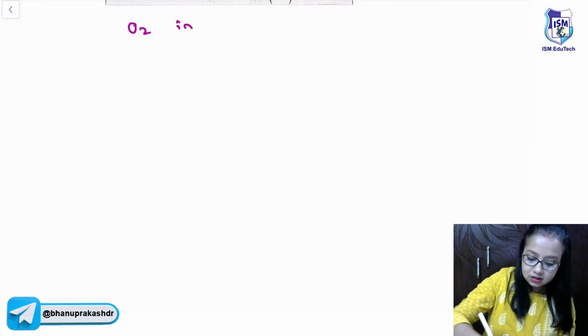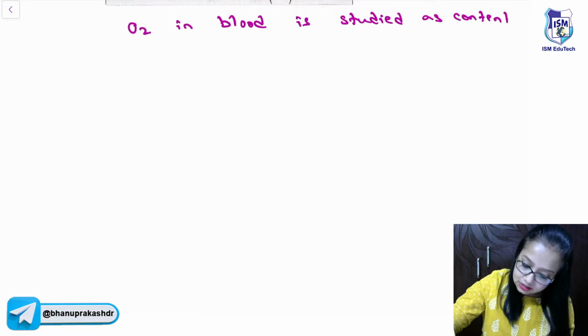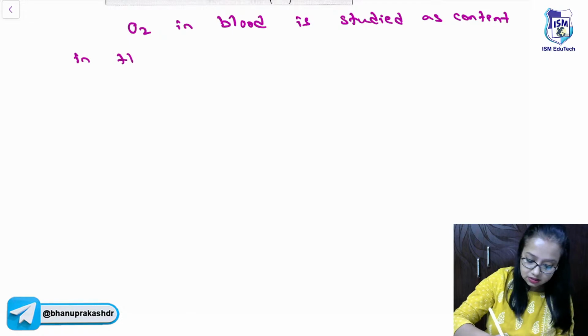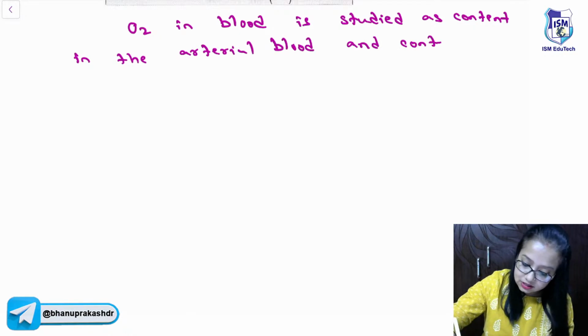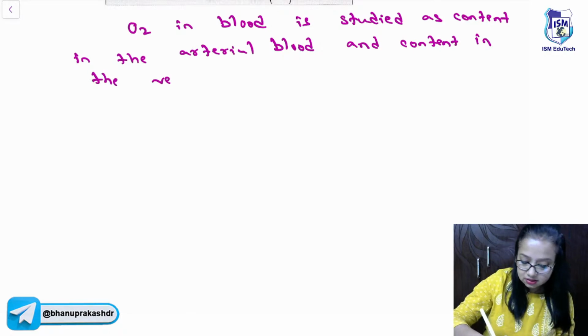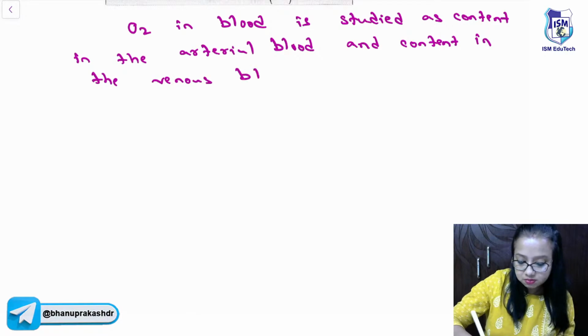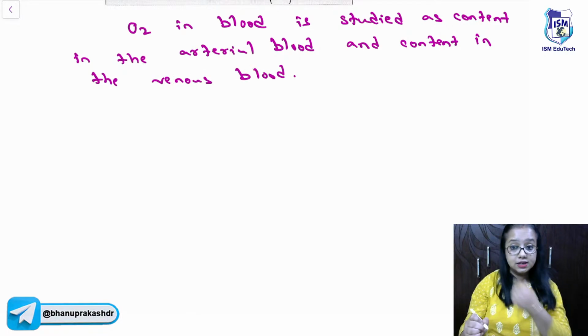Oxygen in blood is studied as content in the arterial blood and content in the venous blood.